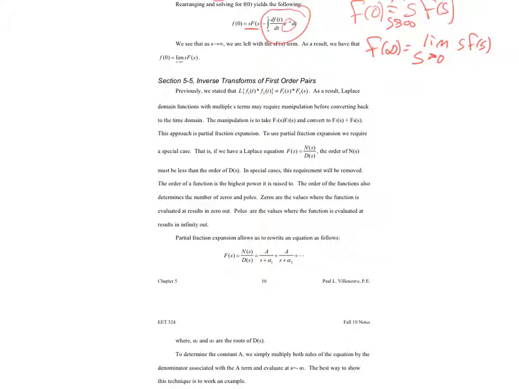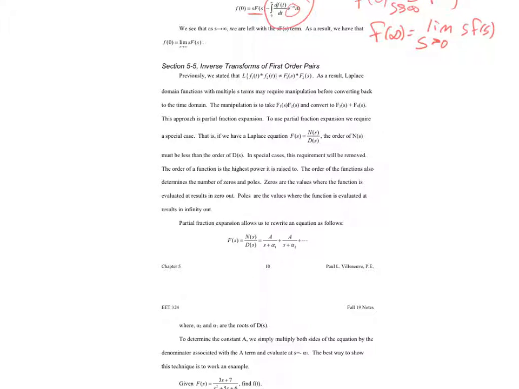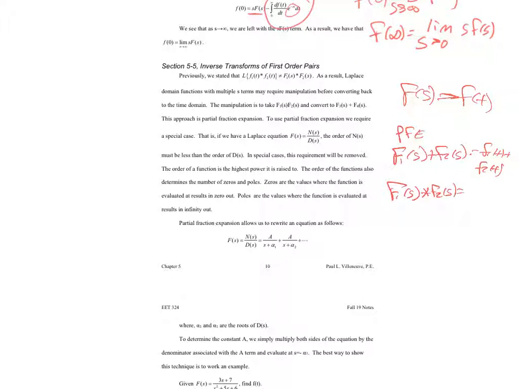So we have to go from our F(s) to f(t). The way that we do that is by partial fraction expansion, mainly because F1(s) plus F2(s) does equal f1(t) plus f2(t). But F1(s) times F2(s) does not equal f1(t) times f2(t).